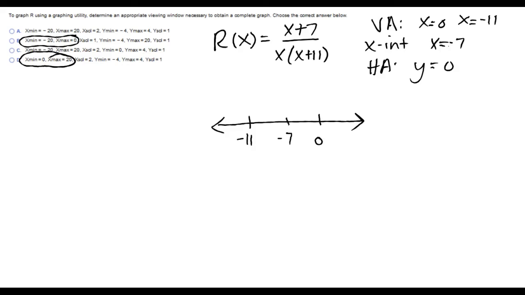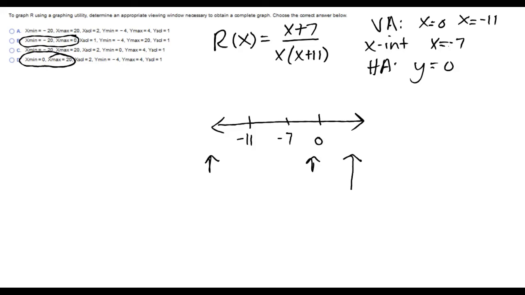If I restricted my x range to going from -20 to 0, then I would be missing out on this interesting section of the graph to the right of that vertical asymptote.